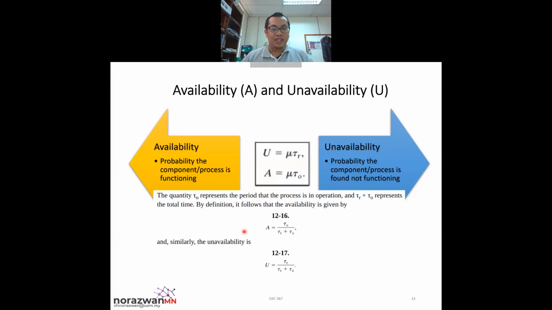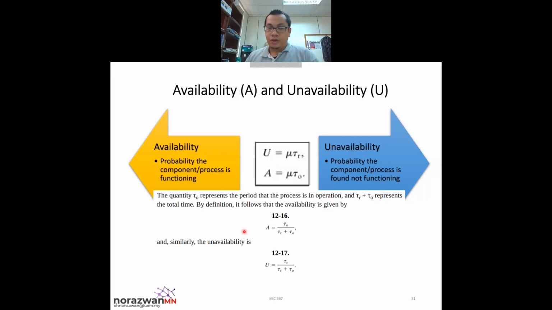Availability is the probability that the component or process is functioning, meaning it can be in operation. Unavailability is the probability that the component or process is found not functioning.